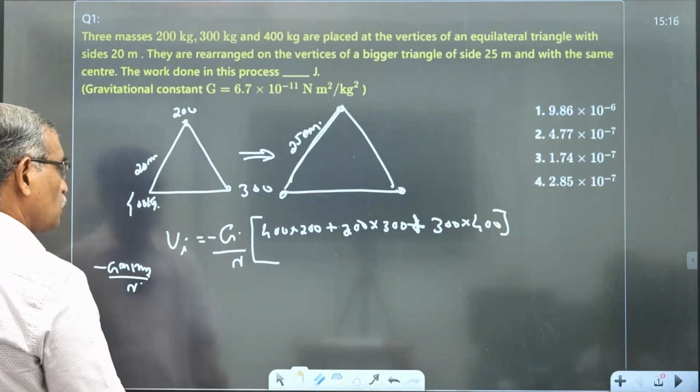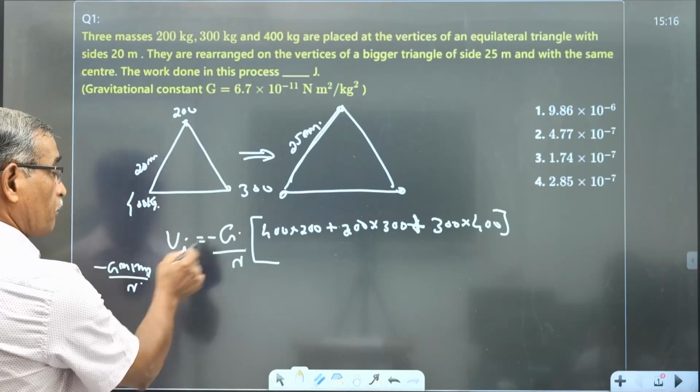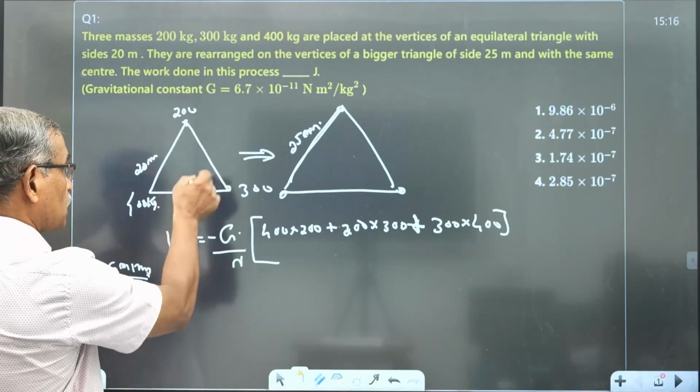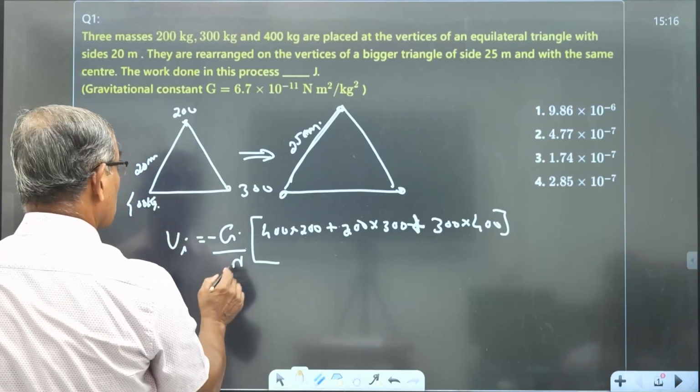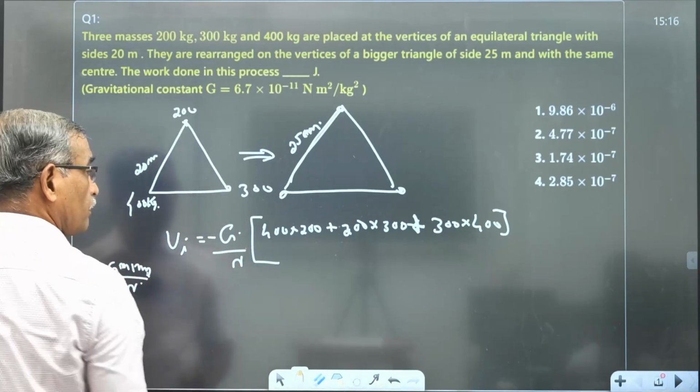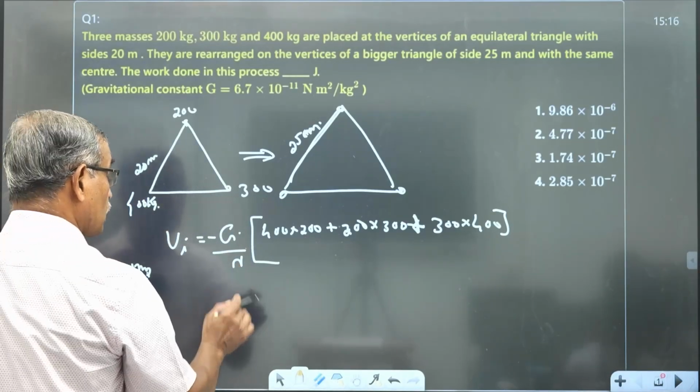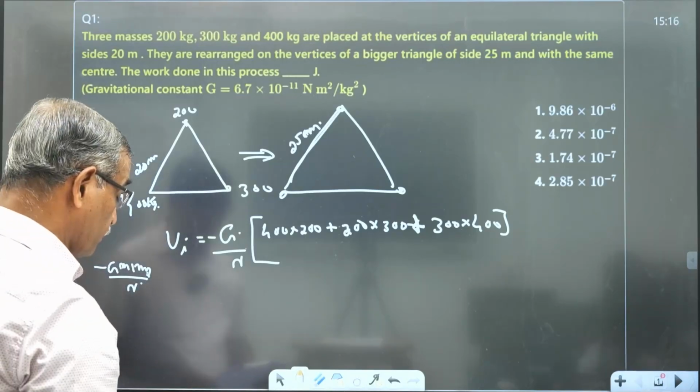So G by r, there are three terms, and r is 20. This is the initial potential energy of the system.